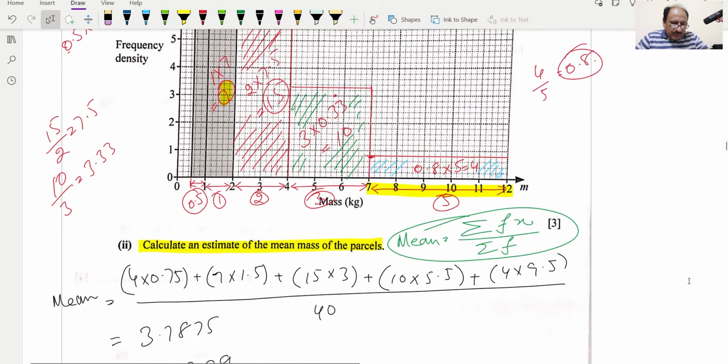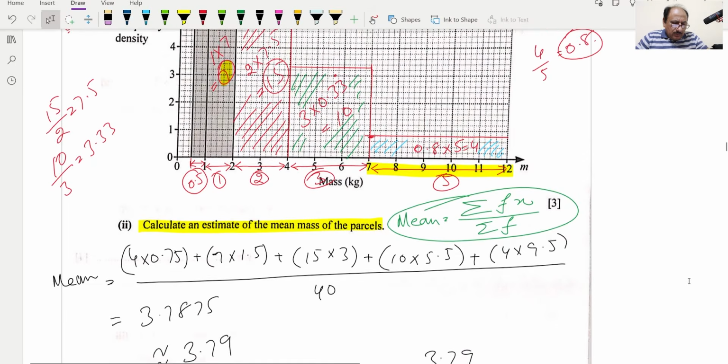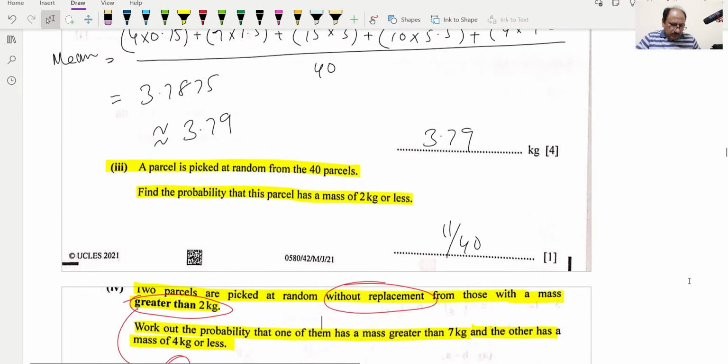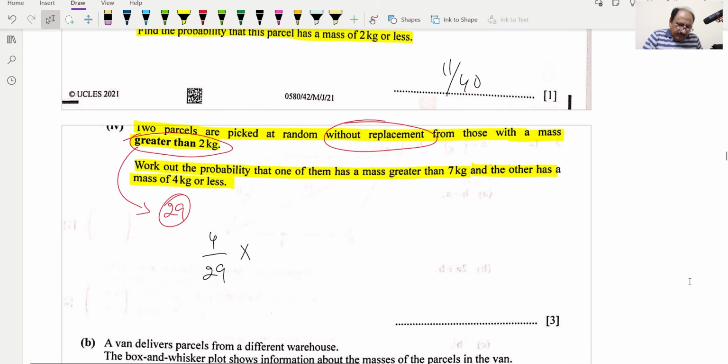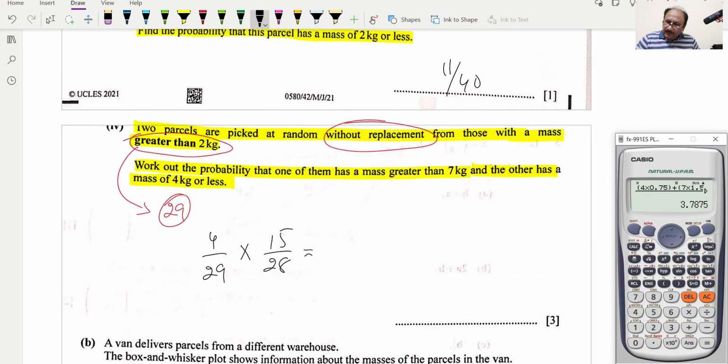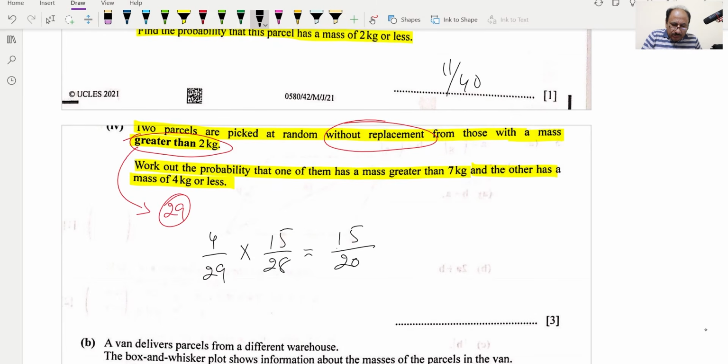So the probability will be 4 over 29 multiplied by 15 over 28, and this is equal to 15 over 203. So 15 over 203 will be the answer for this part.